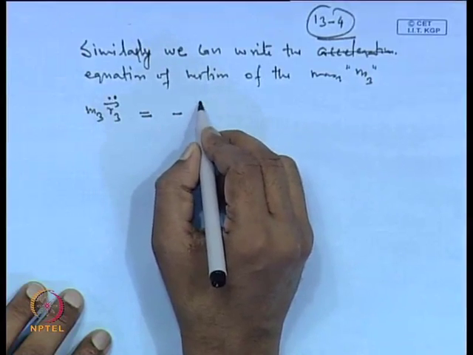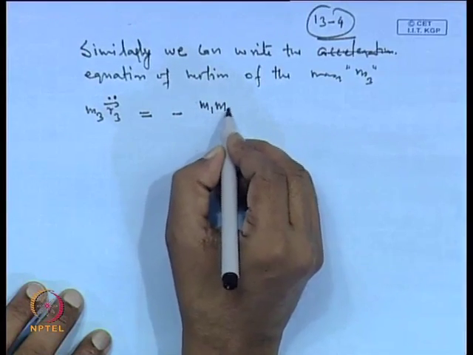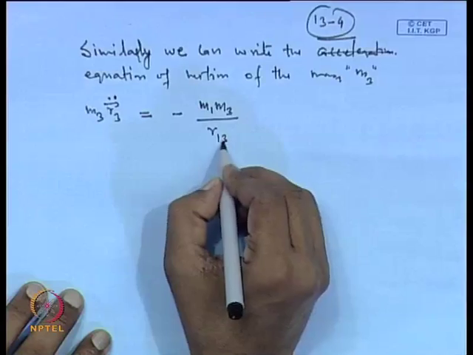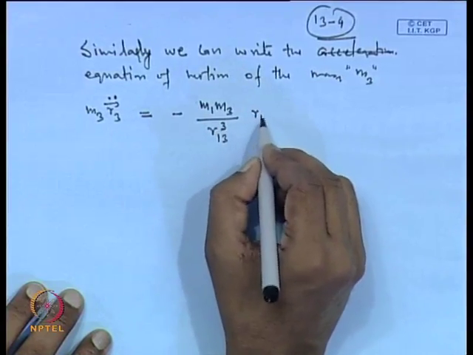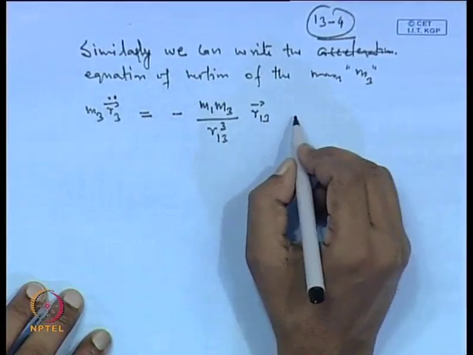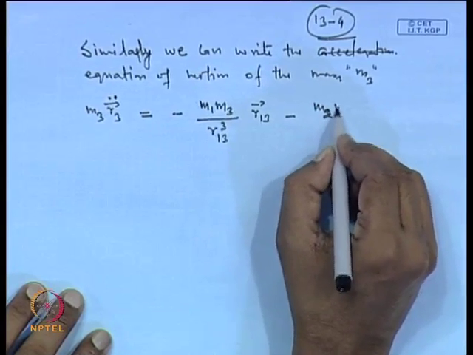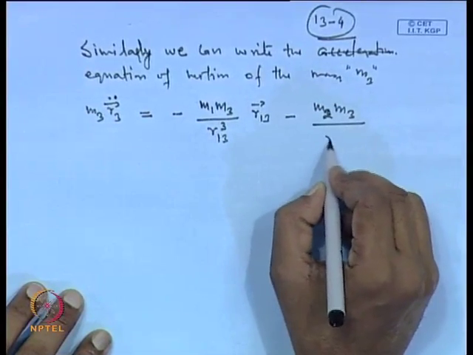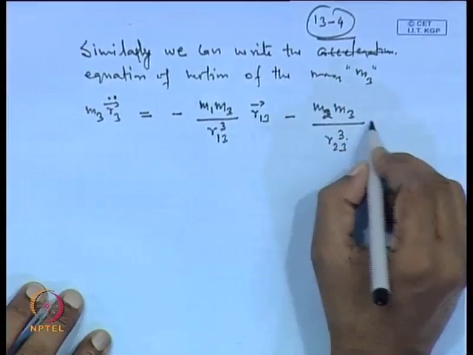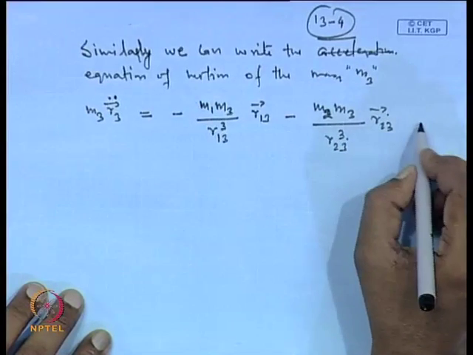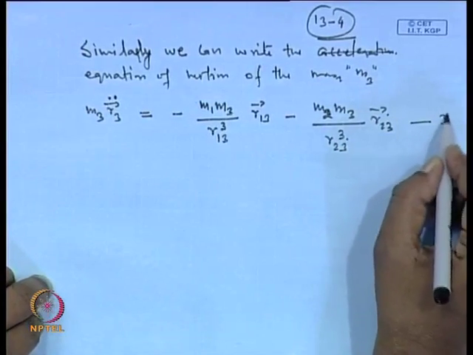So, we will have here m1 times m3 divided by r13 whole cube times r13 with a negative sign, and similarly we will have m2 times m3 divided by r23 whole cube times r23. So, this is our equation number 3.